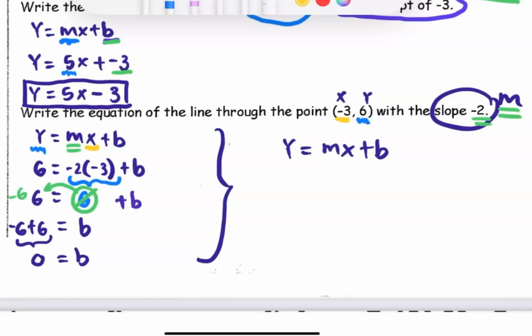After this, we're going to write the equation y is equal to mx plus b. Instead of saying m, I know my m is -2 from back here. And instead of saying b, I'm going to put in the value for b, which is here. Somehow my slope turned red. I didn't mean to do that. So let's go back to this.